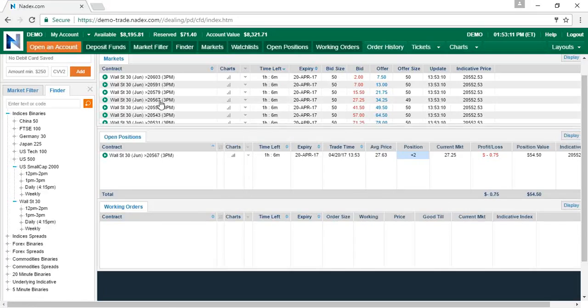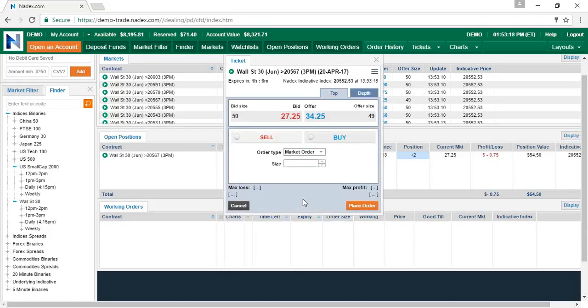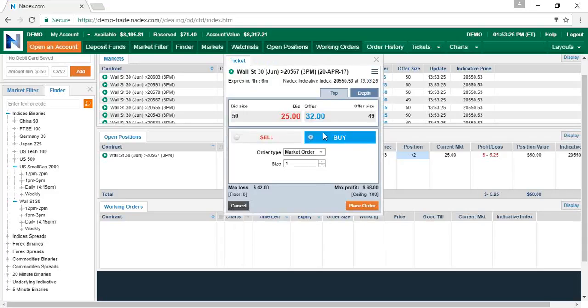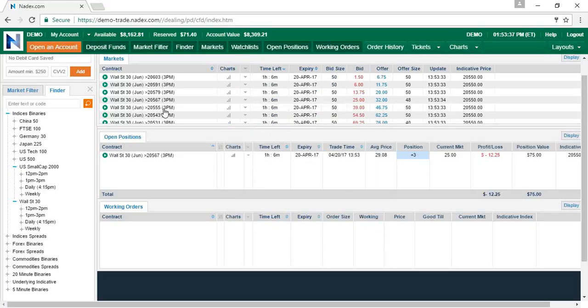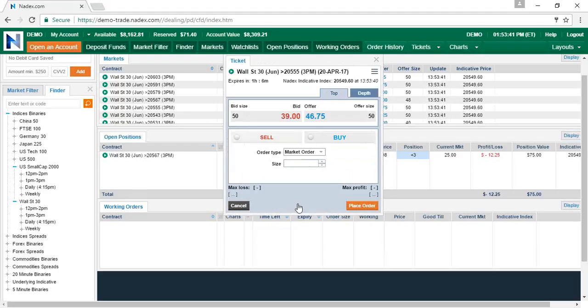You see that, SG? So what that means is if I make this a market order and do one of them, right now it says $33. If I place the order, by the time I click place order, oh man, let me do a different one. All right, so I'm going to hit market order, not limit order.